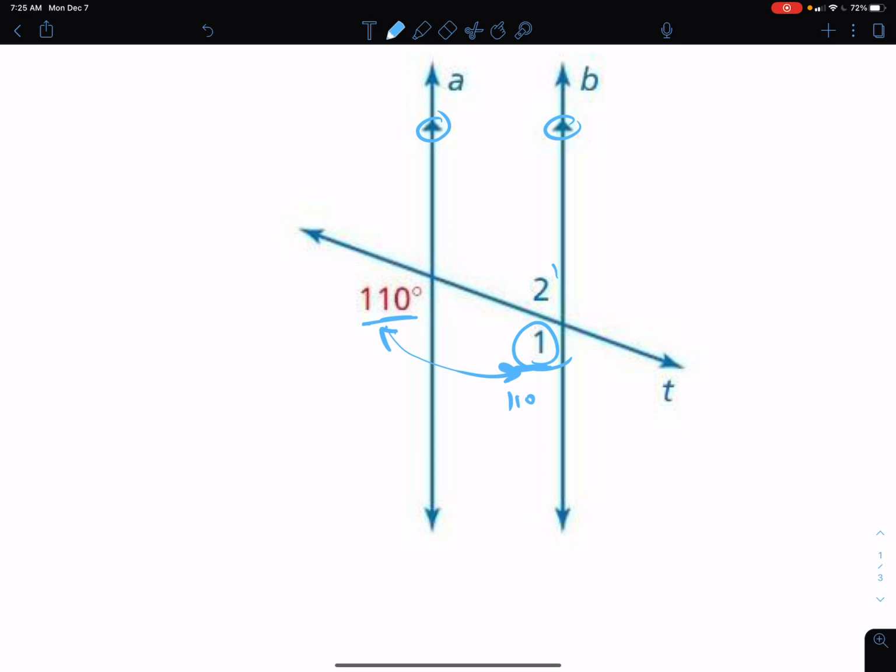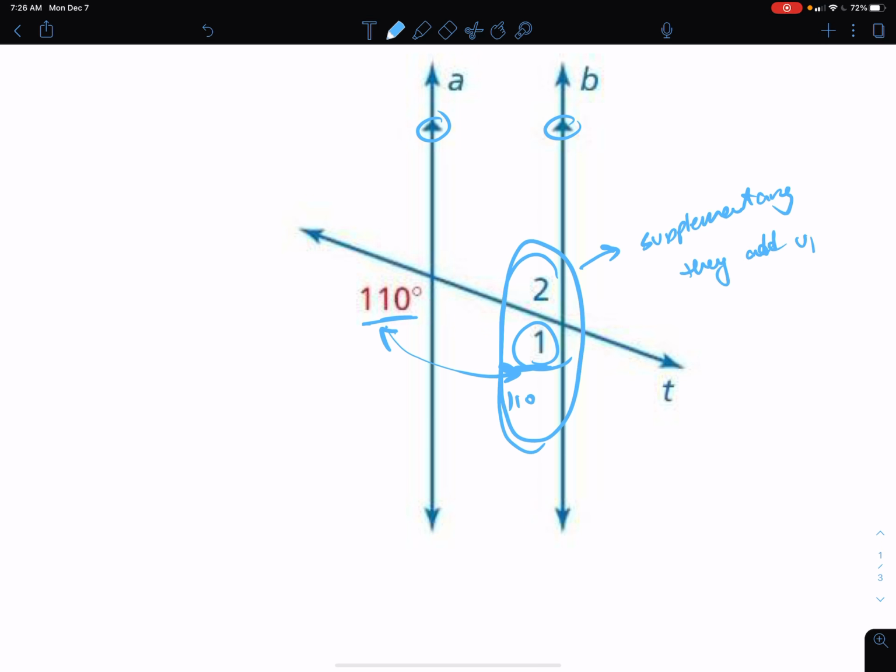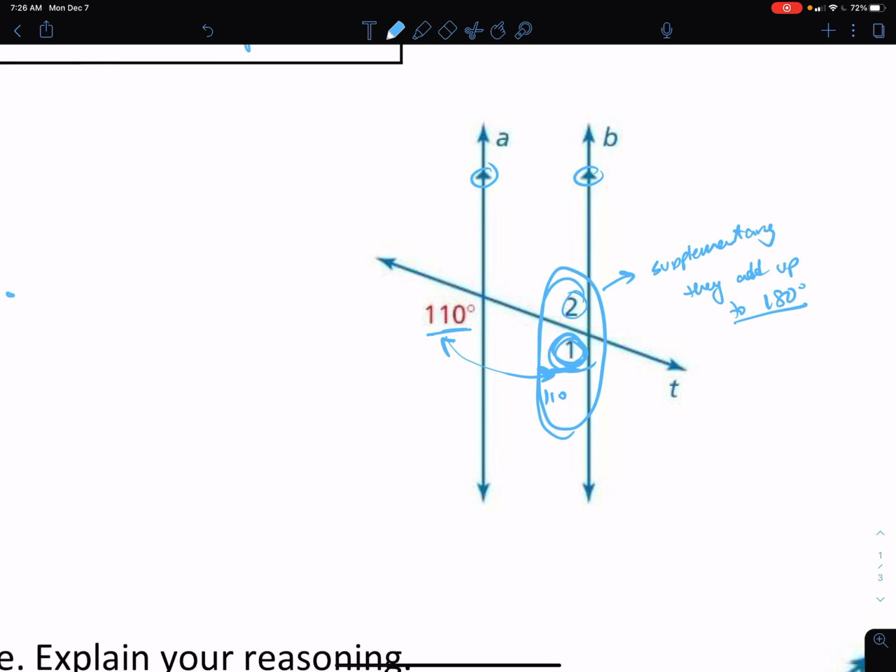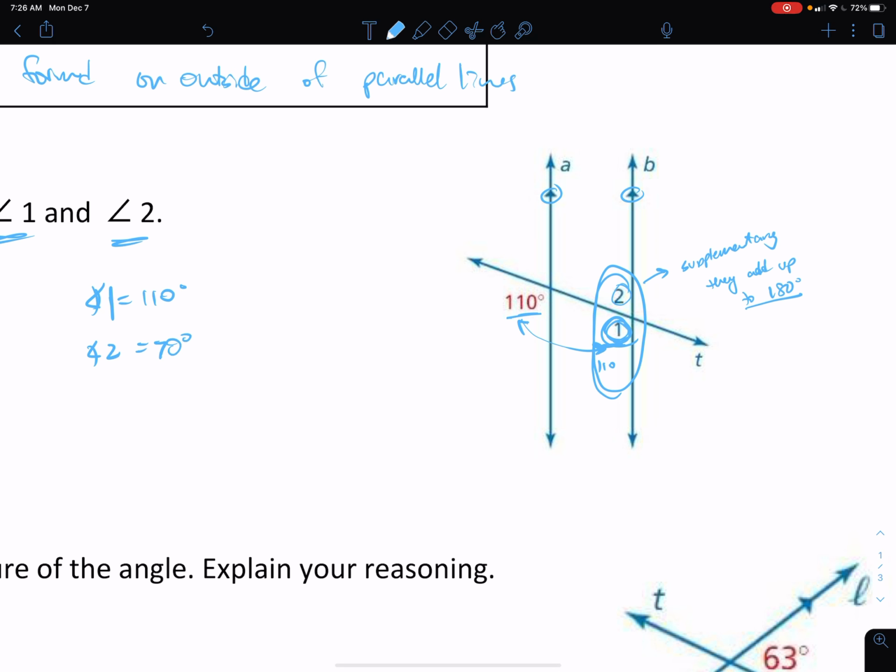So that means angles 1 and 2 are supplementary, which means they add up to 180 degrees. So anytime you see a line, lines are always supplementary, so they add up to 180 degrees. So if angle 1 is 110, then angle 1 and angle 2, if I add them up, they have to be 180 degrees, right? So that means angle 2 must be 70 degrees.